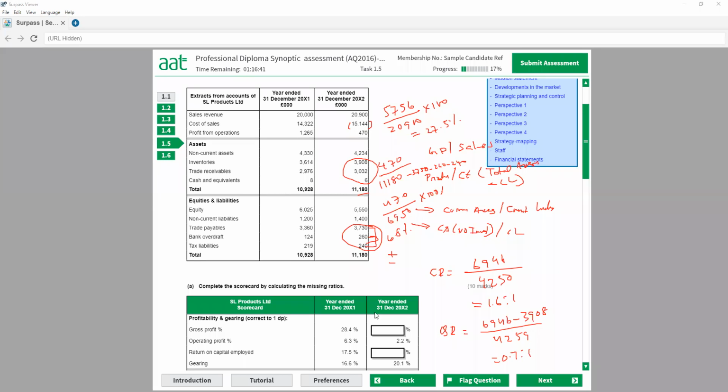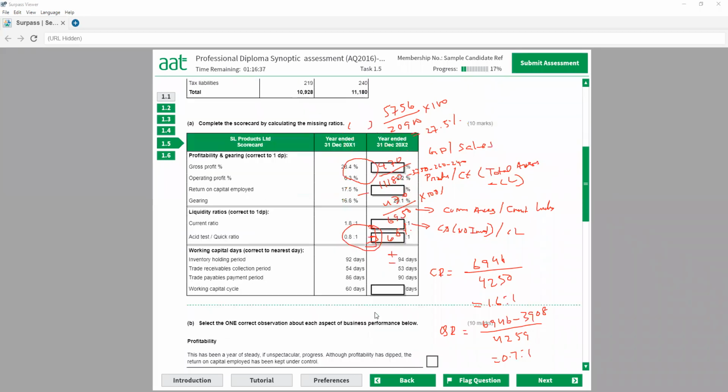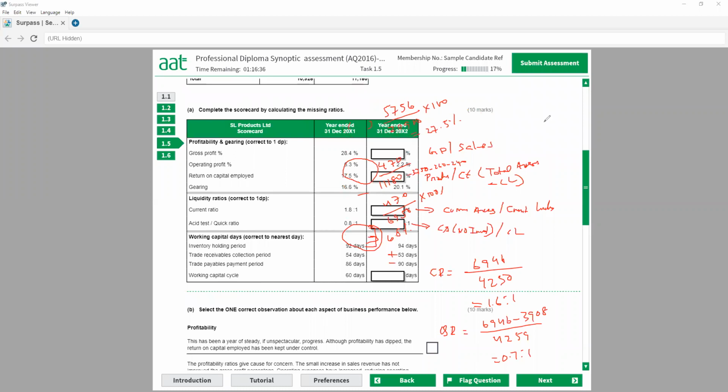So after that, we can complete this one. Let's complete it, removing a little bit from here. We have the gross profit 27.5%, return on capital employed 6.8%, current ratio 1.6, and the acid test or quick ratio 0.7.